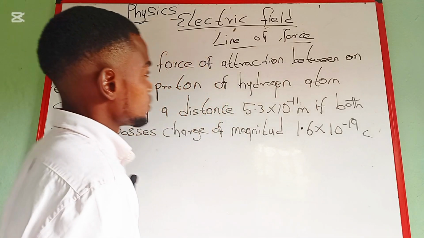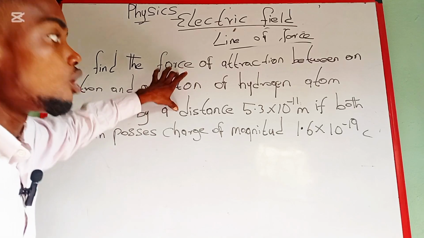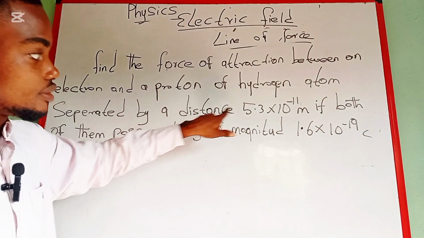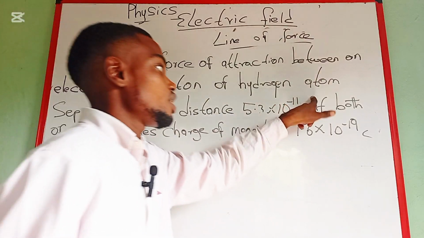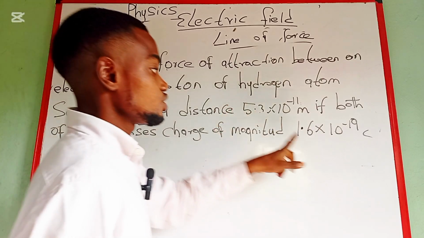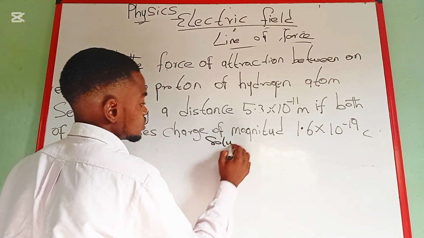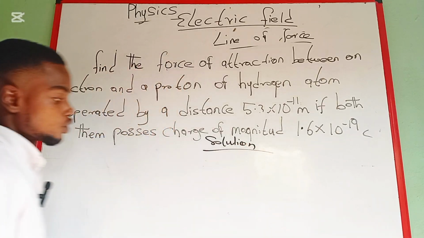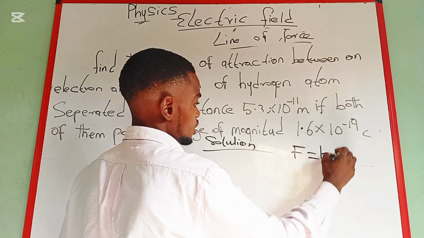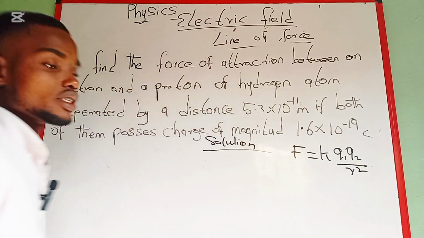Let's use this question as an example. It says, find the force of attraction between an electron and a proton of a hydrogen atom separated by a distance of 5.3 times 10 to the negative 11 meter, if both of them possess a charge of magnitude as you see. So, solution, we're looking for the force, which is F. And we know that F is equal to K times the product of the charges over the square of the distance.